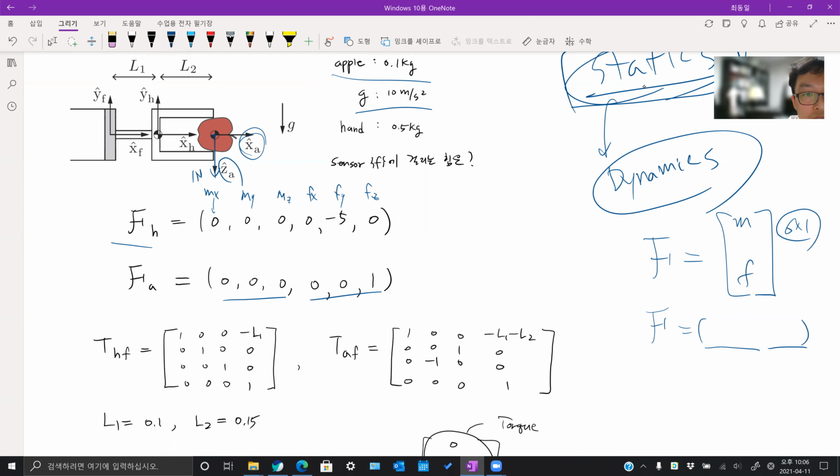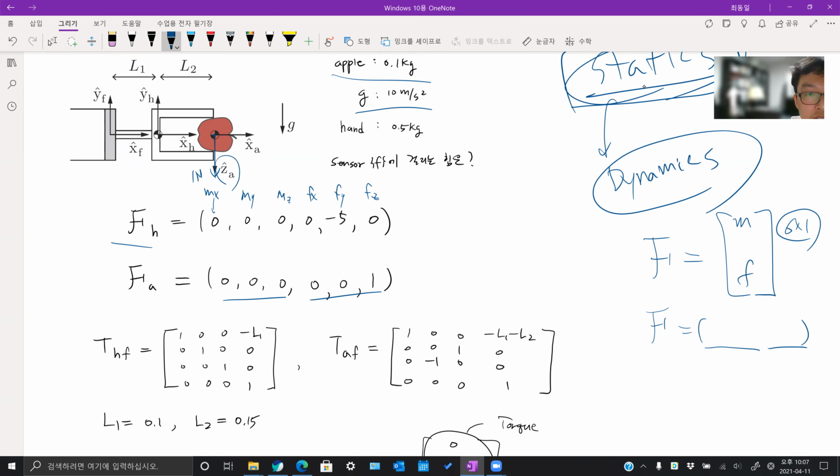And then the direction, based on the XA direction, the XF direction has the same direction. So it becomes 1, 0, 0.